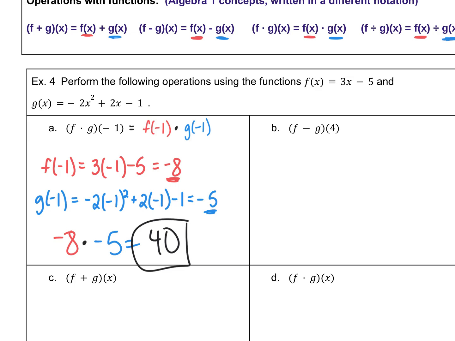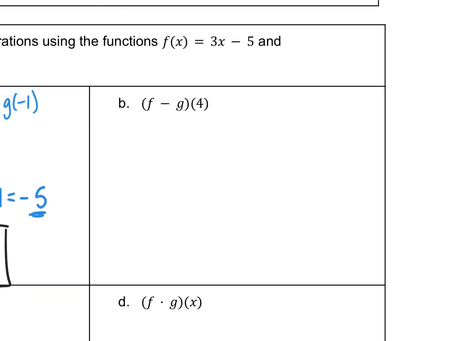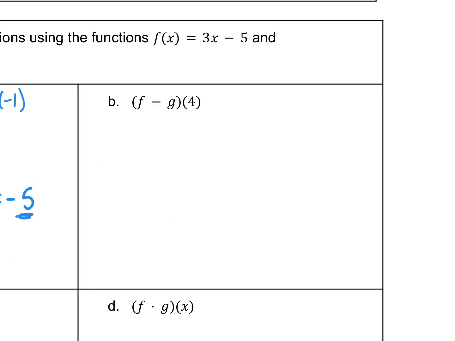All right, working together. Looking at B, okay? It's very similar. What operation do we have on B? Subtraction. Okay, give you a couple minutes here. Try it out. First things first on B. I don't like this notation, so I always want to rewrite it in the better notation. And what does that look like?